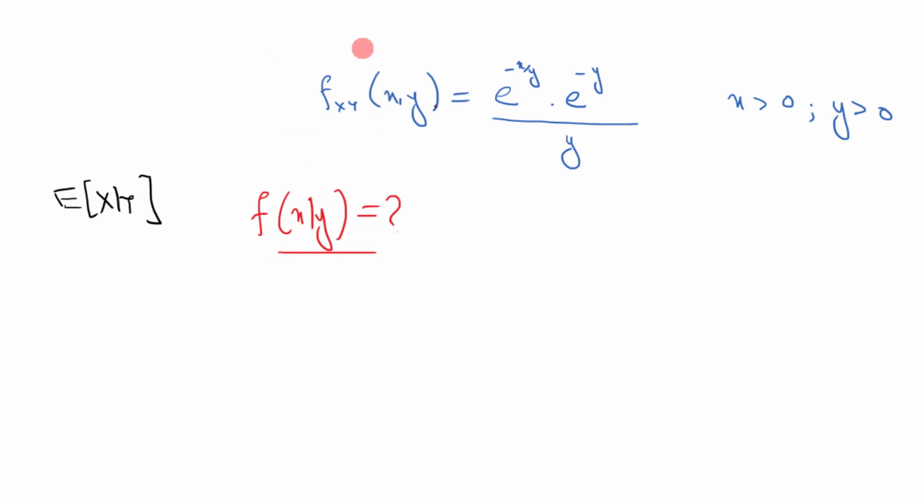In order to find it, we need one more thing, because this conditional density is equal to the joint density of x and y divided by the marginal density of y. So from this joint density function, we need to find the marginal density of y.